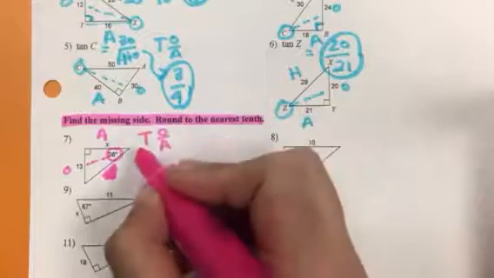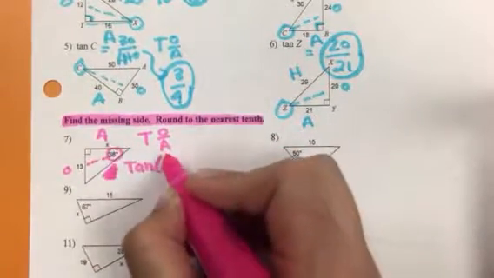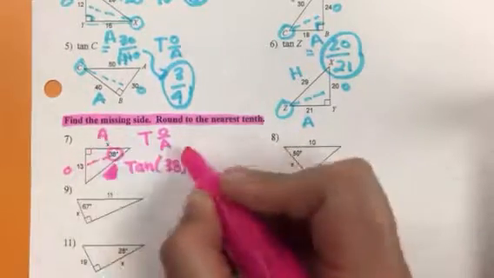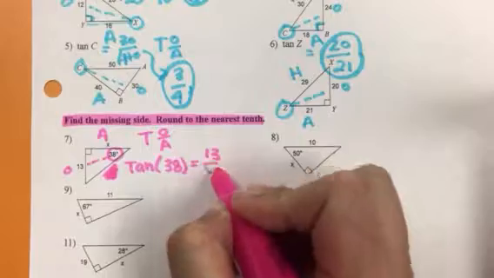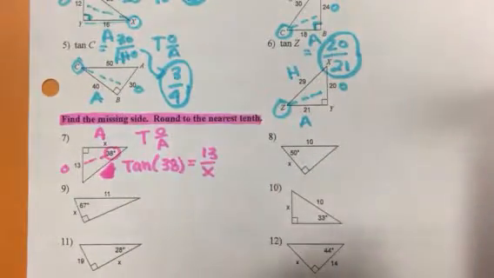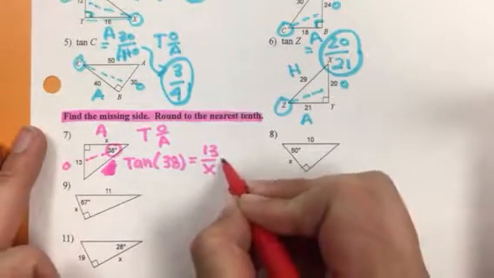That means you are using tangent of the angle that you used, 38, to equal O over A. 13 over x. Now we have to solve for x. To get x out of the denominator, we multiply by it.